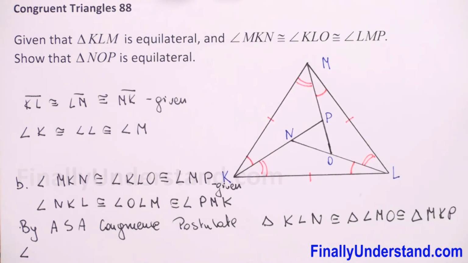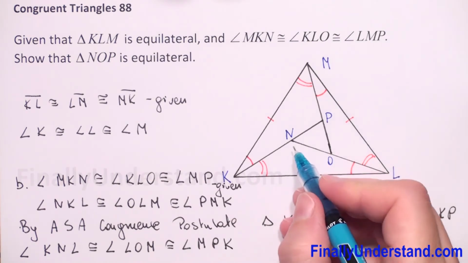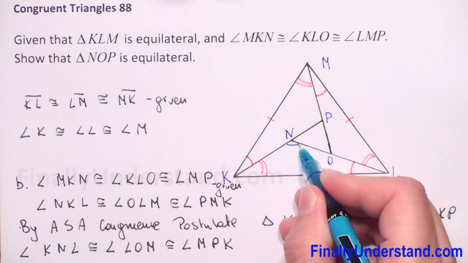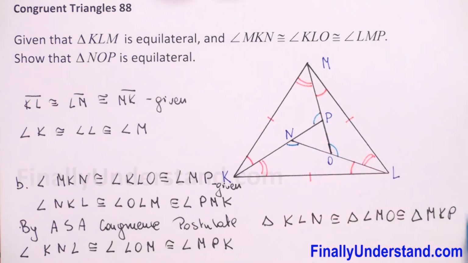So we can write that angle KNL is congruent to angle LOM and is congruent to angle MPK. So we are given that this angle is congruent to this and to that.